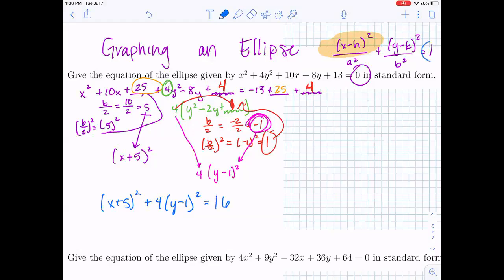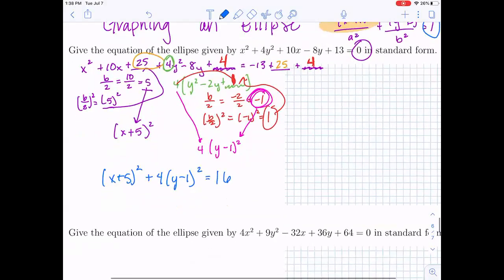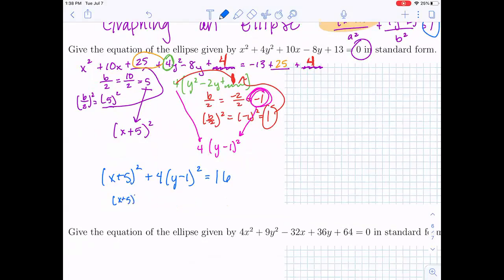Well, standard form has a 1 on the right-hand side, not a 16. So divide everything by 16. You get (x plus 5) squared over 16 plus (y minus 1) squared over 4, because 4 over 16 reduces to 1/4, and that equals 1. So a equals 4, b equals 2, right? This is 4 squared, and this is 2 squared.